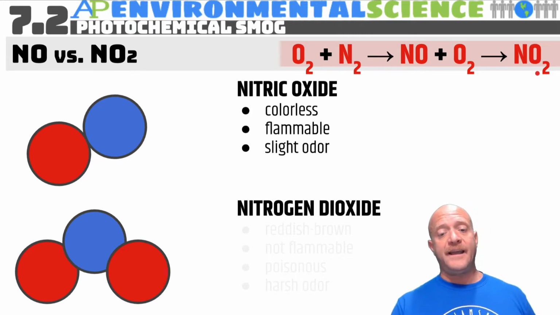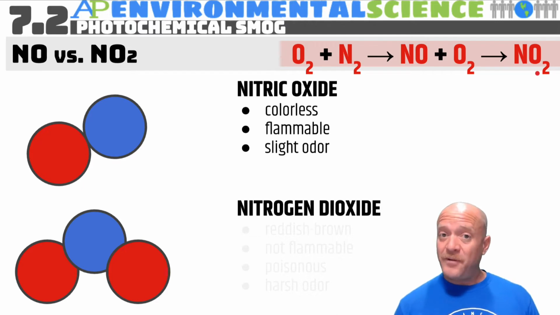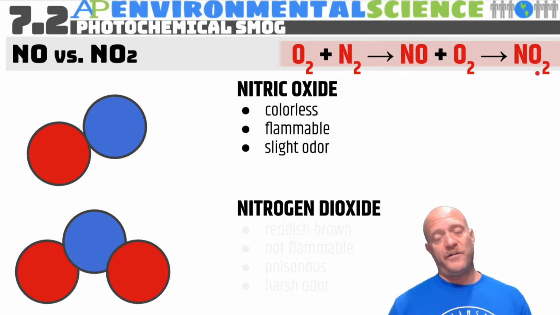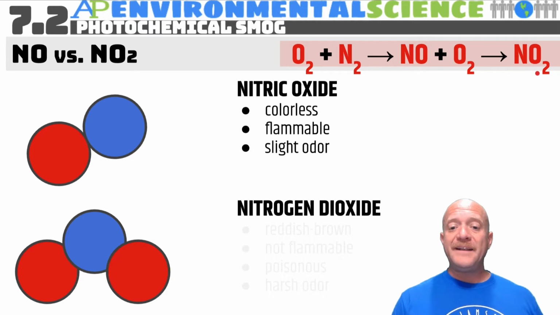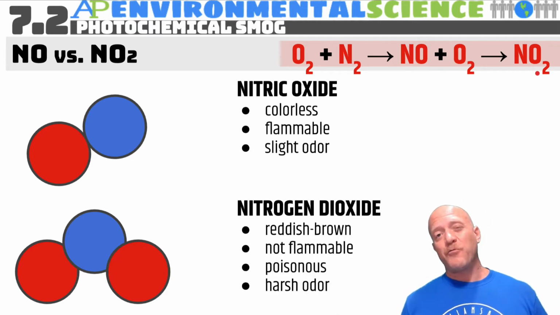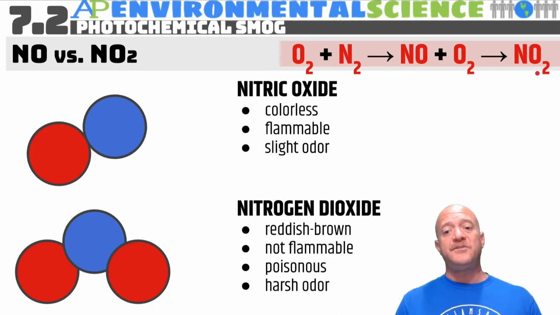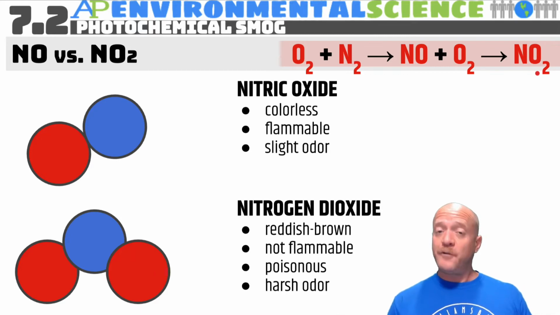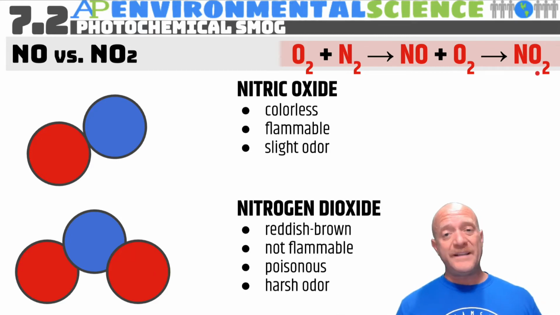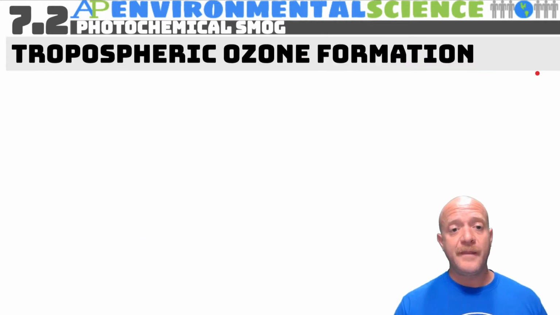Nitric oxide is colorless, it is flammable, and it has a very slight odor. But nitrogen dioxide is what gives us that reddish brown color. So NO2 has that reddish brown color. It fortunately is not flammable, but it is poisonous and has a harsh odor. So if you breathe in too much of it, obviously you could have detrimental effects.